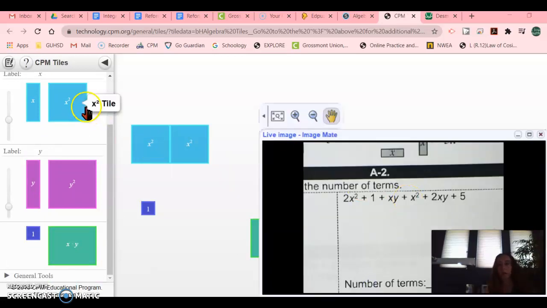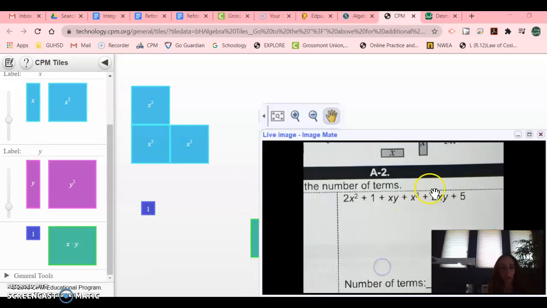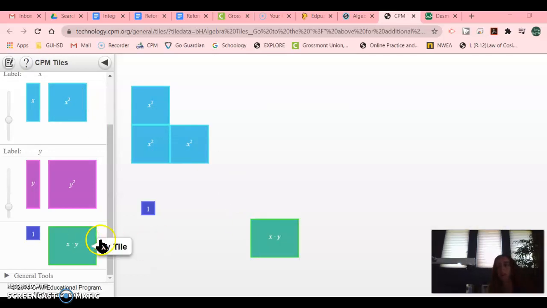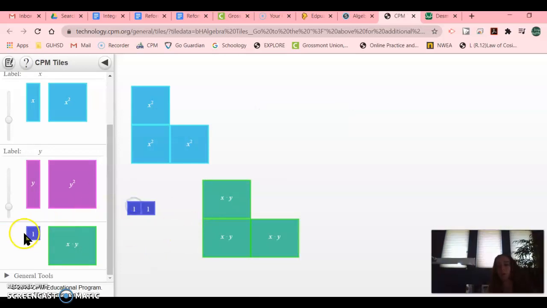An x squared. Same. And then I have 2 xy's. 1. Should I put it here? Nope. 1, 2. And then I have 5. 1, 2, 3, 4, 5.